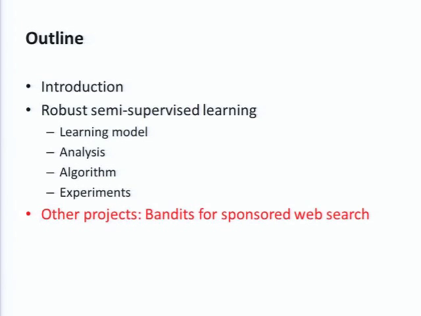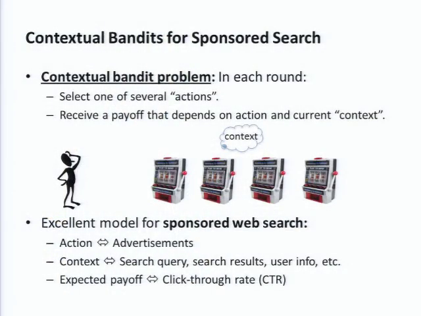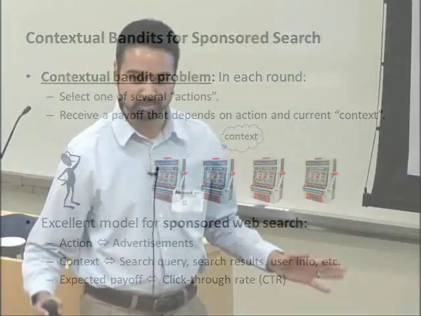So in my PhD and also my postdoc, I've worked on some bandit algorithms for sponsored web search. I'll describe a couple of the projects that I've worked on, just very briefly. The formulation of the problem is as a contextual bandit problem. So what is a contextual bandit problem? It's a decision-making problem that proceeds over several rounds, and each round, one is supposed to choose one of several actions.